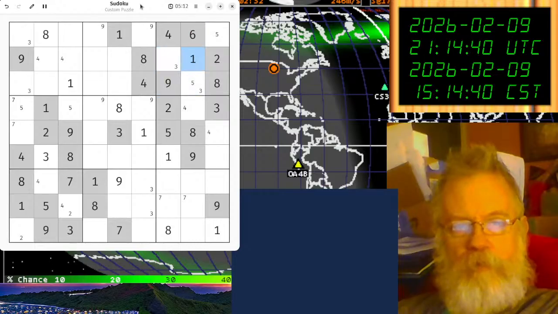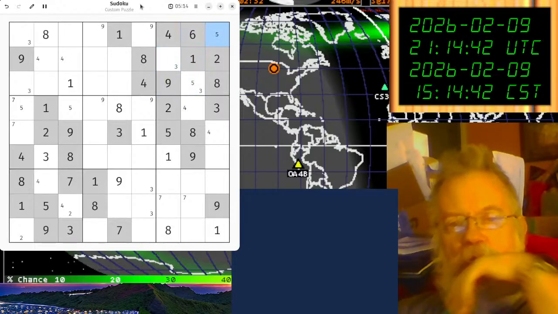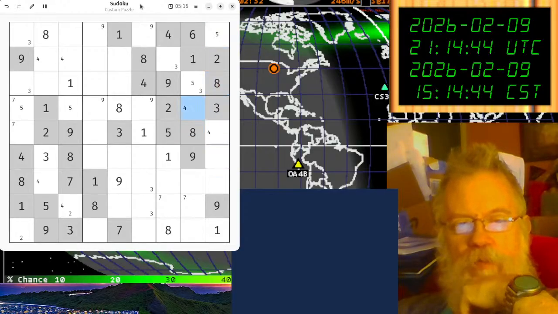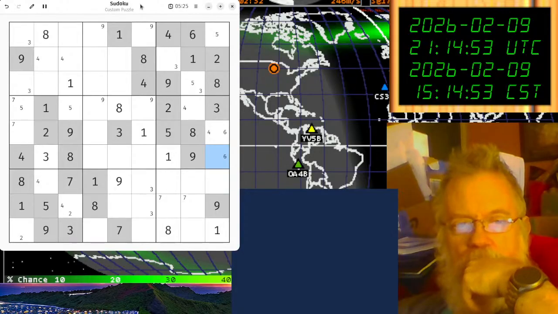So one of these 3 is a 7. One of these 3 is a 7. What's the other one here? It's a 6. That's not a 6, so one of these 2 is a 6. And that means one of these 2 is a 6.